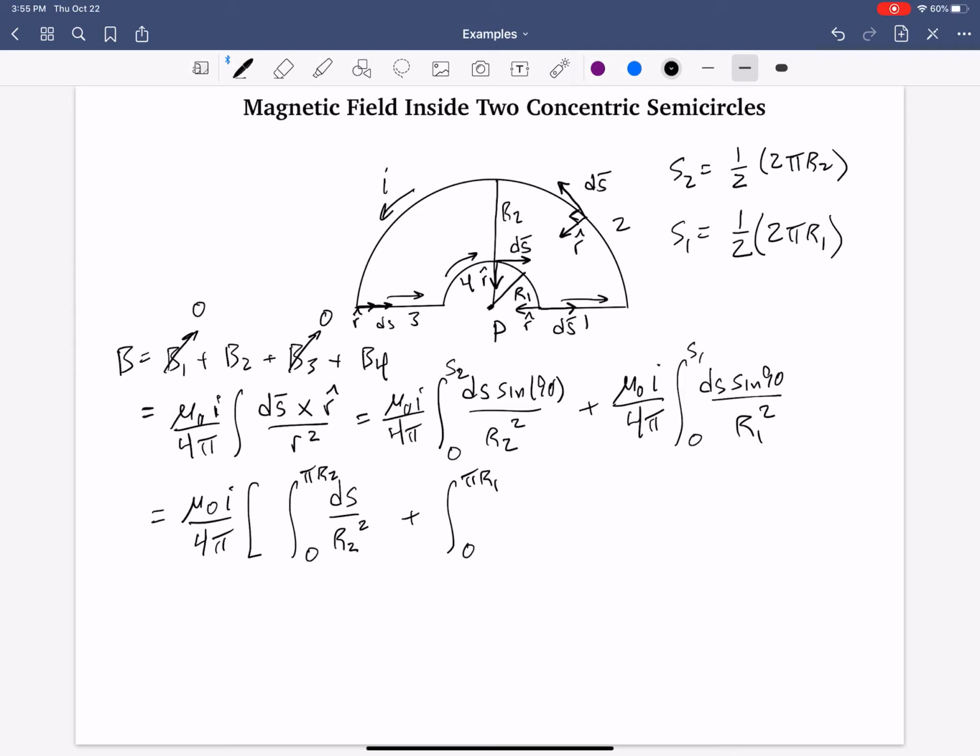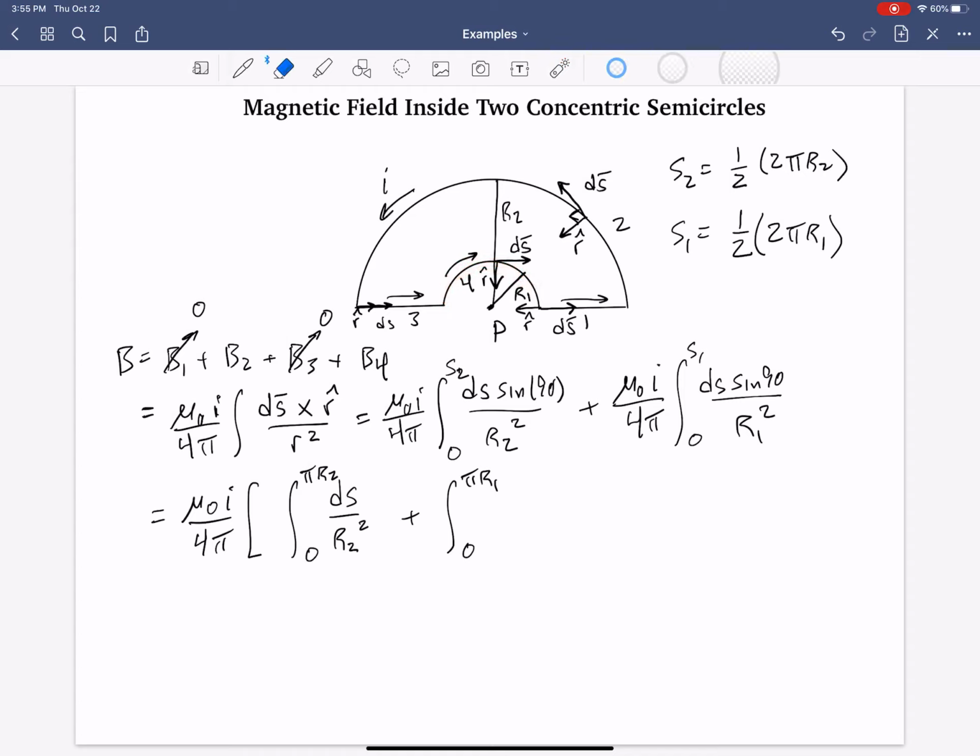However, before I go on, we can't just go from 0 to pi r for both of them. The outer one, we're starting at an angle of 0 and going counterclockwise to pi radians. The inner one, we're starting on the left where pi normally is, and we're going clockwise to where 0 normally is.